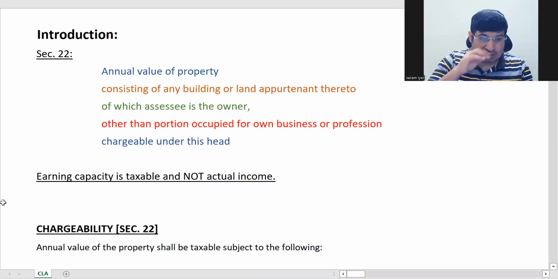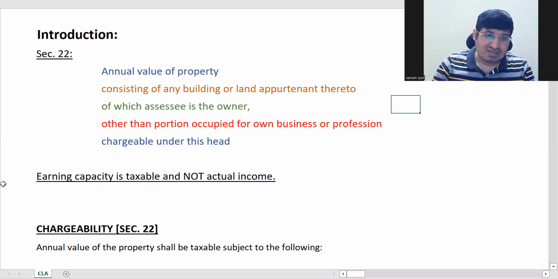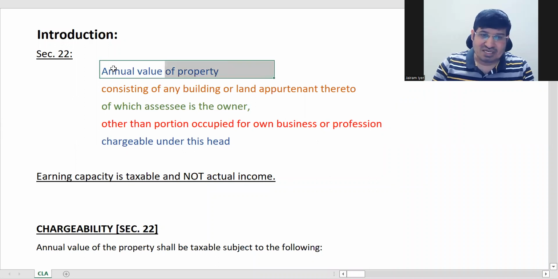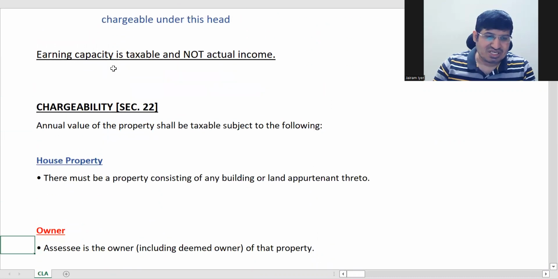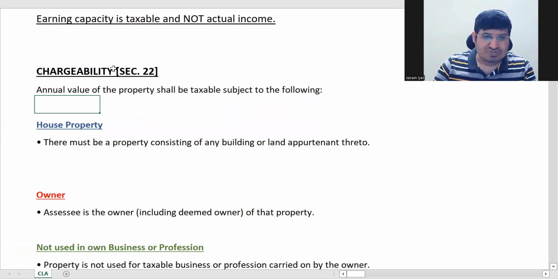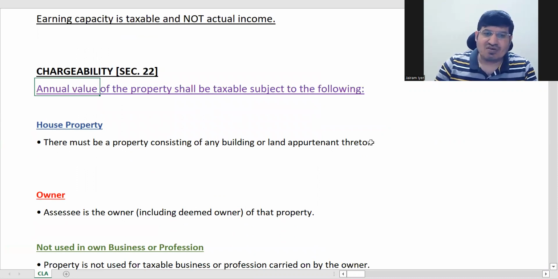So again we will discuss the same thing in a point-wise manner, whatever we discussed here. The chargeability section 22: annual value of property shall be taxable subject to, number 1, there must be a house property.